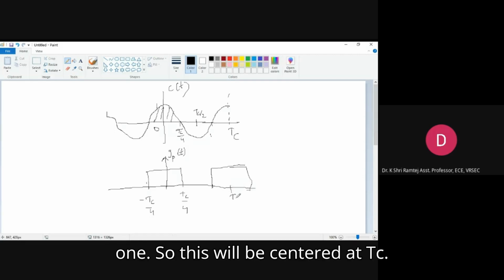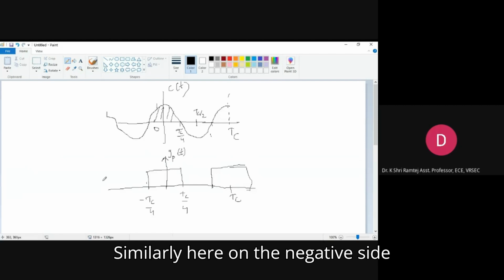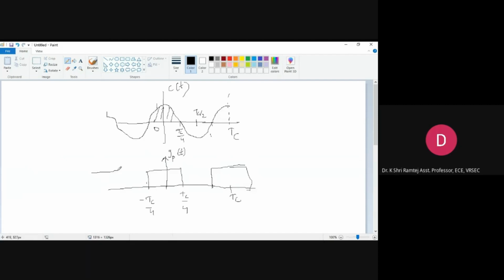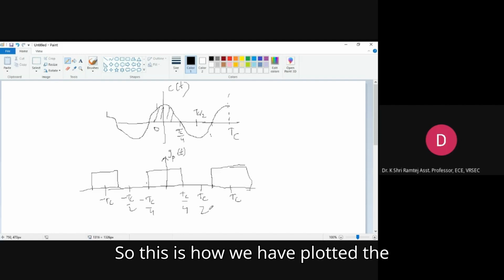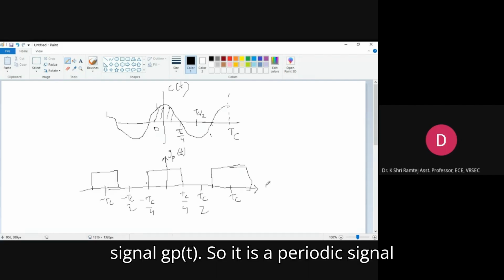This will be centered at Tc. Similarly here on the negative side, it will be minus Tc. This is minus Tc by 2 and this will be Tc by 2. This is how we have plotted the signal Gp of t.